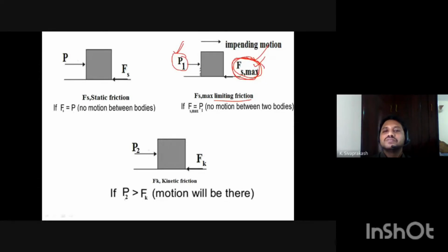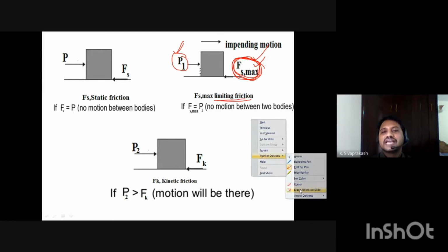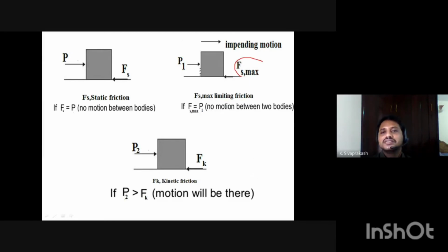The maximum value developed in the friction is known as the limiting friction, represented with Fs max. Fs max means the maximum static friction, and we simply call it the limiting friction.